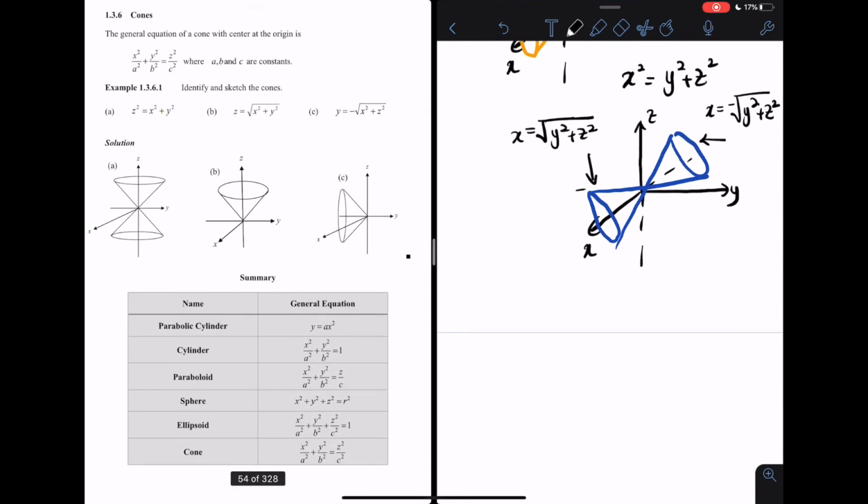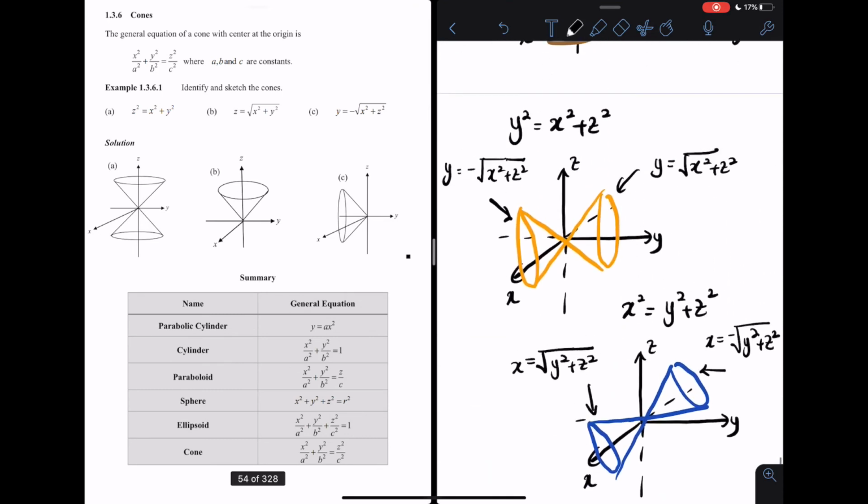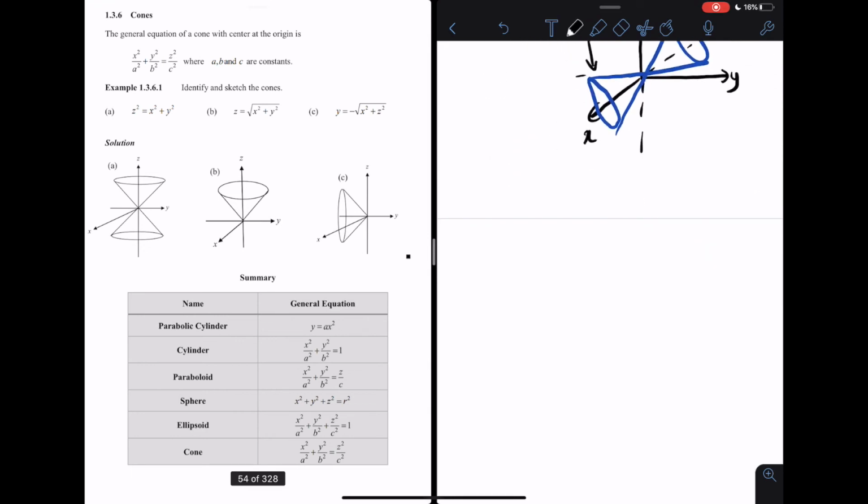So let's play around with the question. Since I have explained everything related to the basic equation that represents a cone, let me give you this question. Sketch y is equal to 4 minus square root of x squared plus z squared.